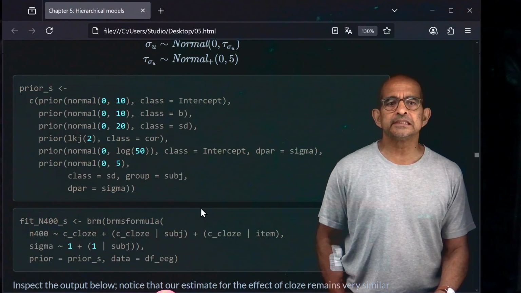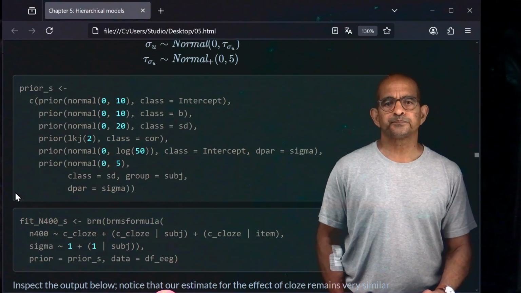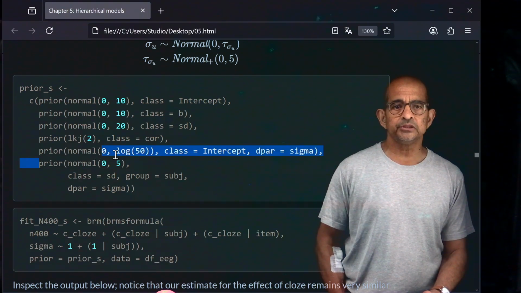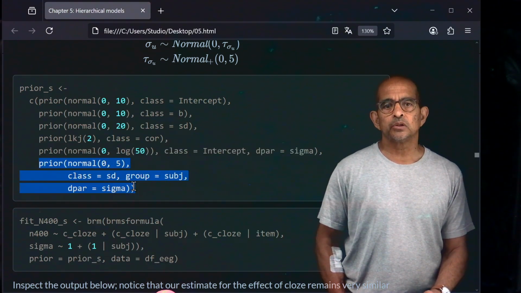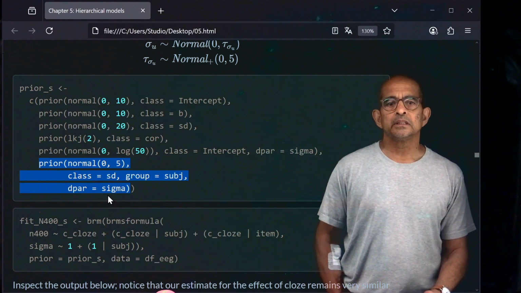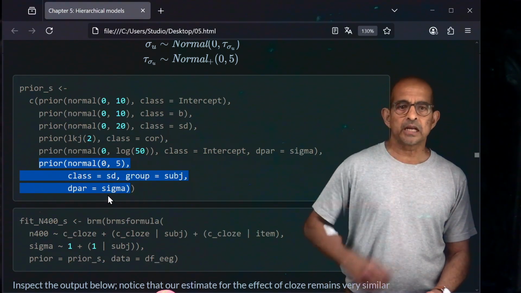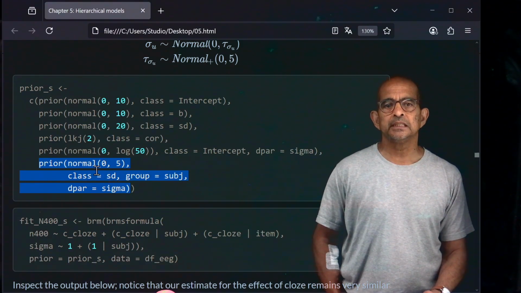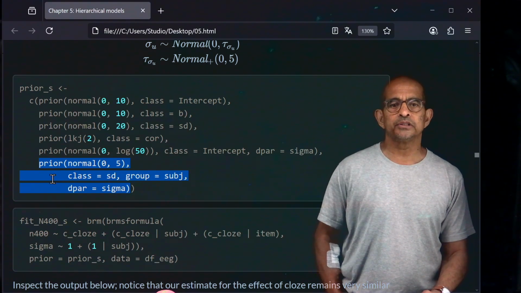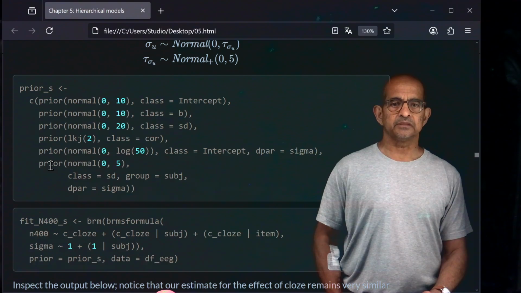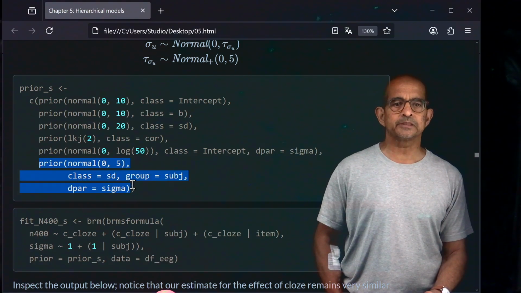And so if you look at the syntax for doing this kind of distributional regression, the only new thing is we are going to specify that the residual standard deviation parameter sigma is going to have varying intercepts adjustment by subject, and here's the prior defined on that varying intercepts for the subjects for the residual standard deviation. That's the only new thing in this prior specification.